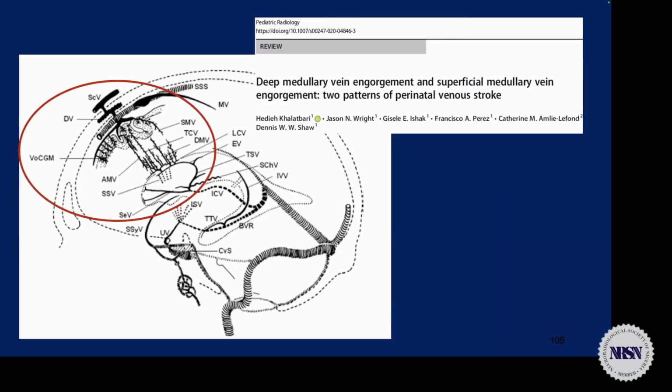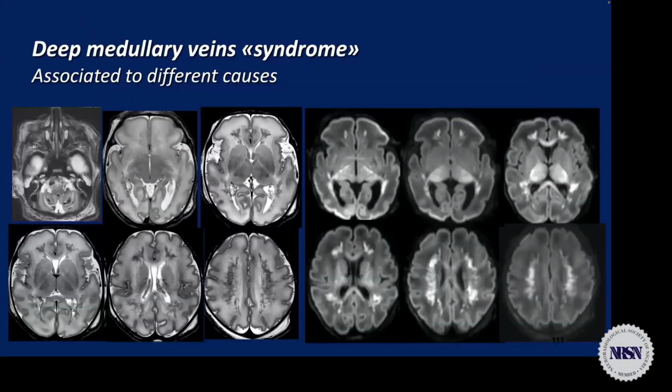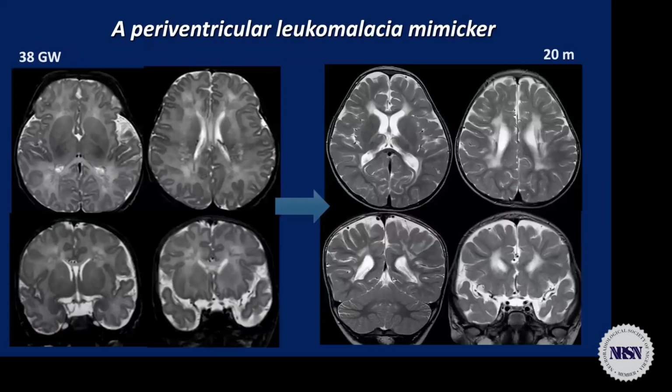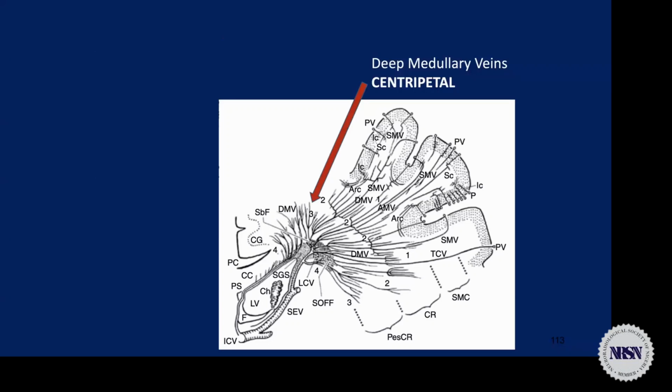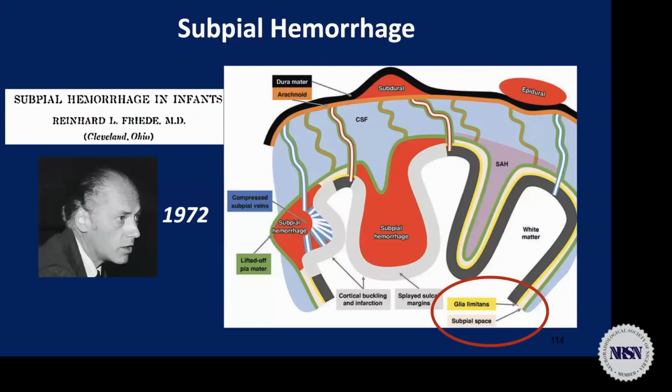So deep medullary vein engorgement is very important, but we also have the possibility of superficial medullary vein involvement. You can see the deep medullary vein involvement. We have learned that this is very important because the end stage is a periventricular leukomalacia mimicker, but centrifugal small veins can also be affected, as you can see here.